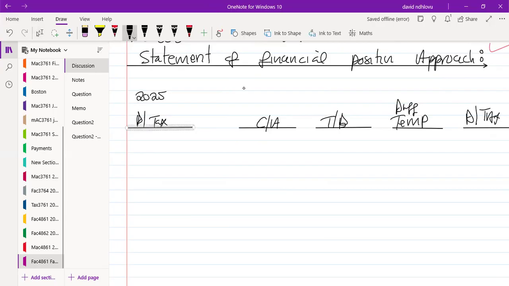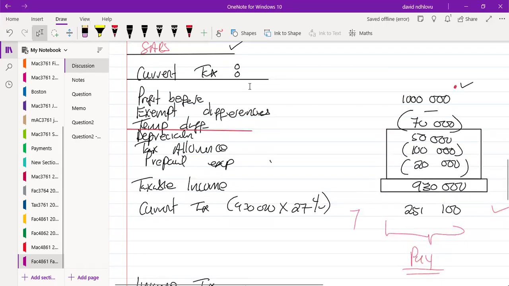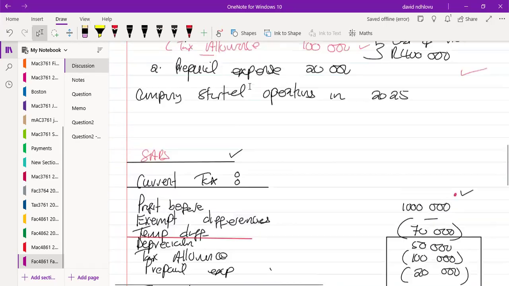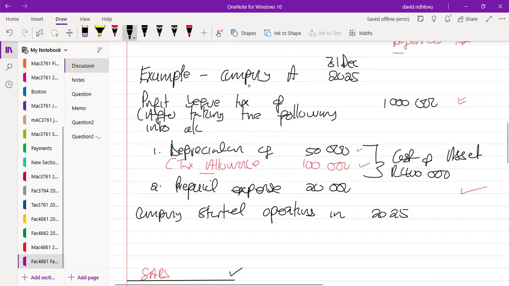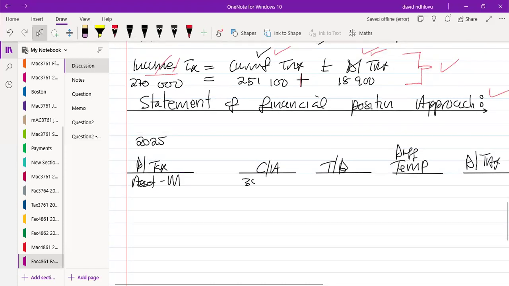In this example, let's say the asset was a machine. This machine was acquired for 400,000. Then we depreciated it by 50,000. So therefore, the carrying amount is now 350,000.